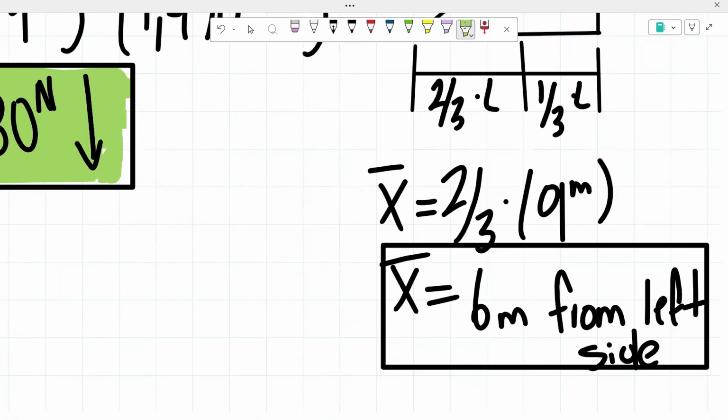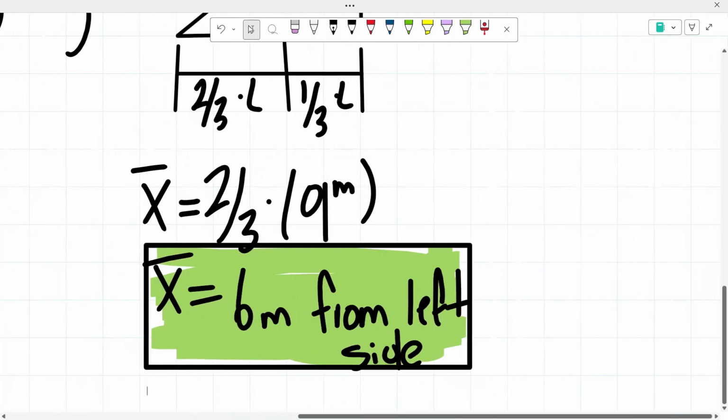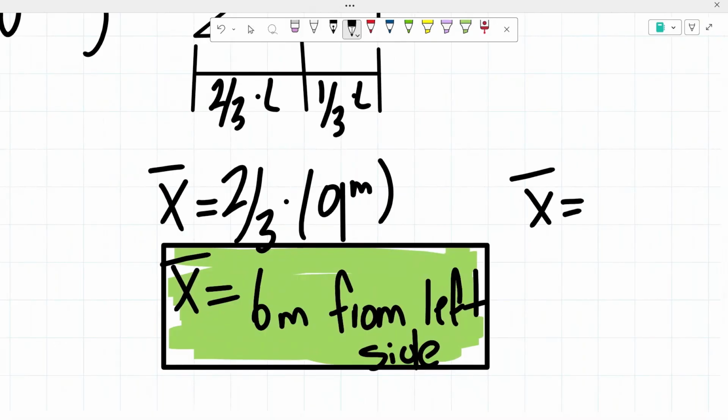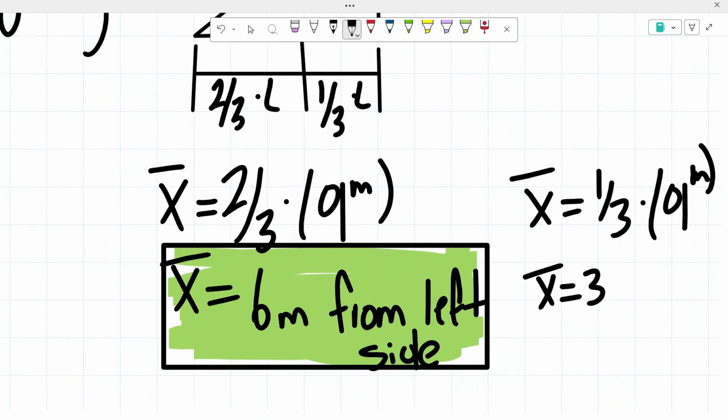Now, if I would have used the other equation, the 1/3 equation, it would be something like this. If I would have decided to use the 1/3 equation, I would put that the location is 1/3 times the 9 meters. So I would put that the location is 3 meters from the right side.